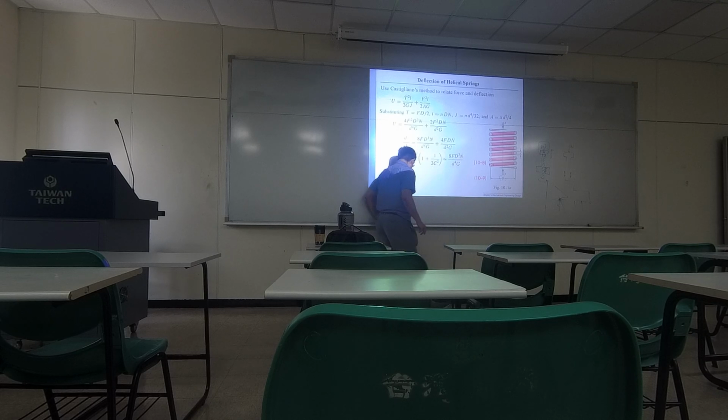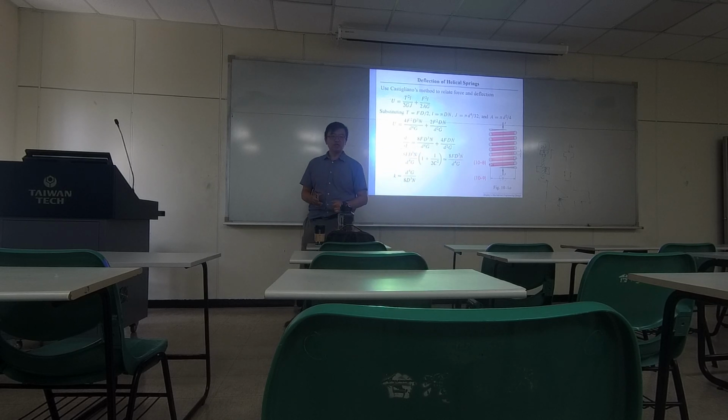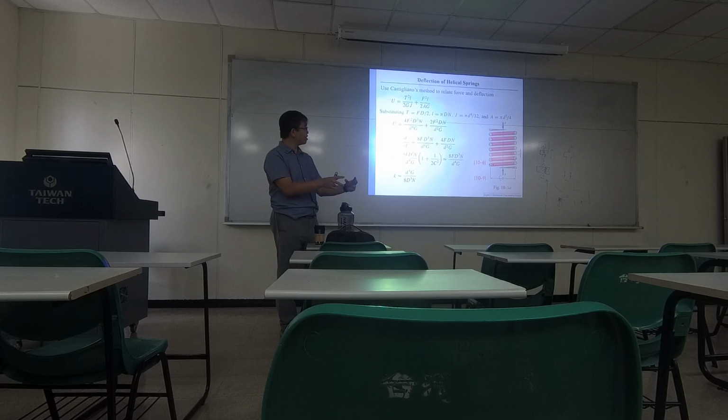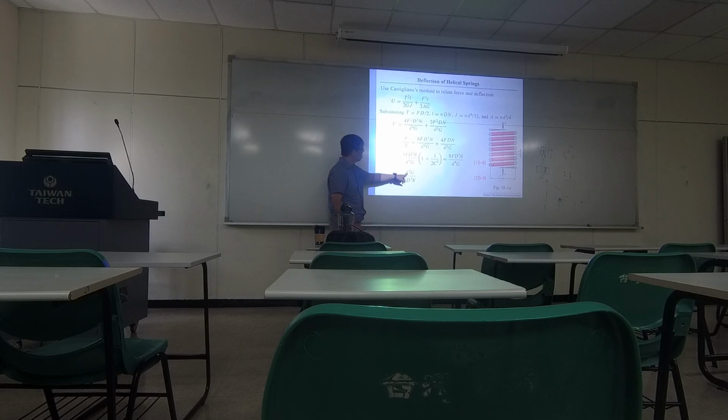For example, if you try to produce your own spring in a certain shape, as long as it's a circular cross section, and you coil the spring properly, and you know the shear modulus, the number of coils, the diameter, and also the diameter of the wire, you can estimate the spring coefficient.